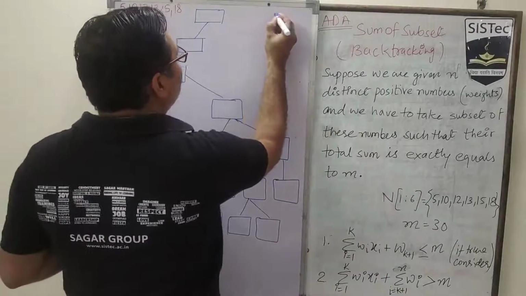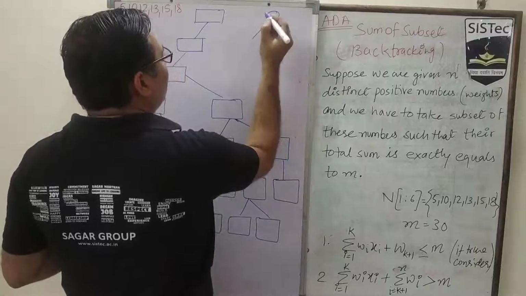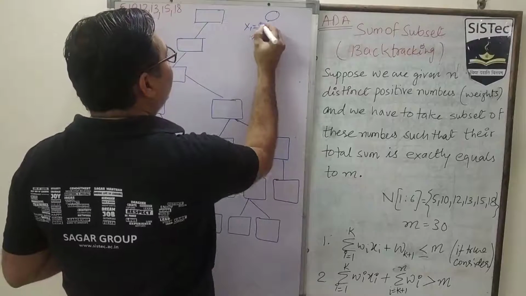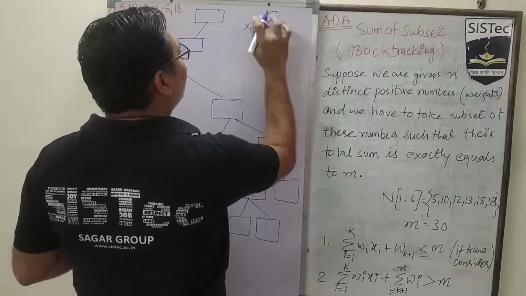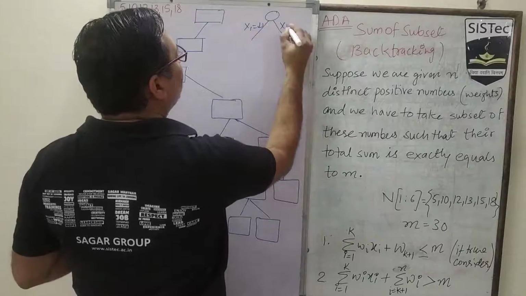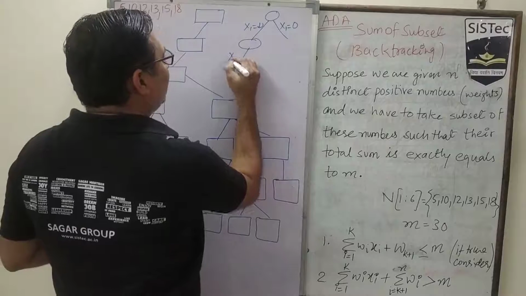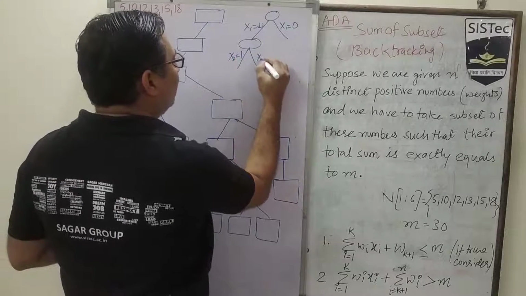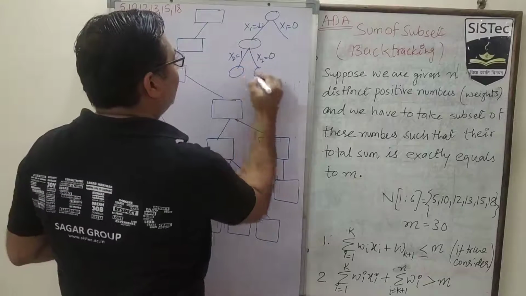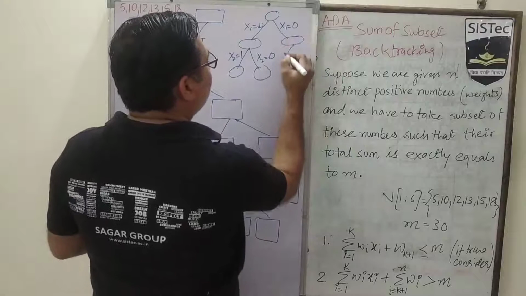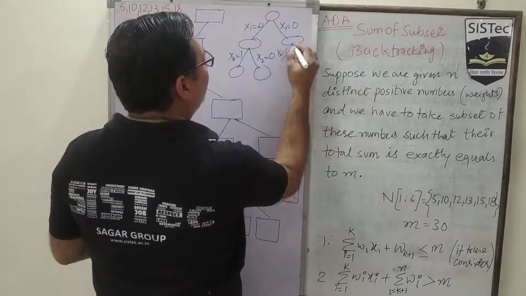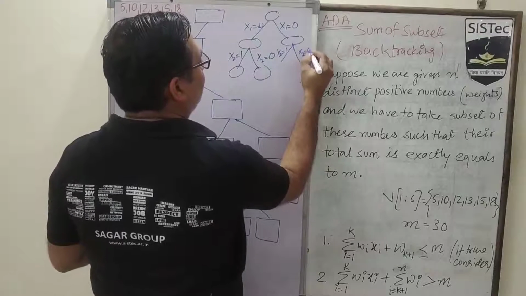In our solution space tree, we can consider the first weight or we can reject the first weight. After considering the first, we can consider the second one or reject the second one. After rejecting the first, we can consider the second or reject the second.